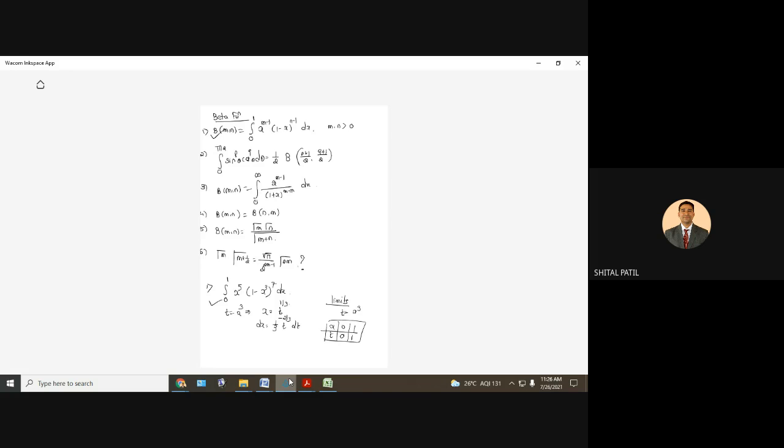Okay, and therefore the integral will become 0 to 1 of x raised to 5, x is t raised to 1 upon 3, so t raised to 5 by 3, into 1 minus x cube, right, so 1 minus t raised to 7, and then dx. Then simplify these terms and then you can convert it into a beta function. So these are the expected questions on beta function.